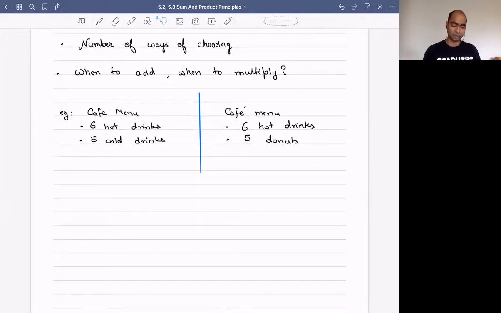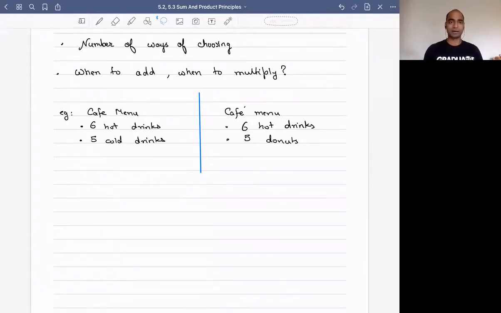Now, I'll just do examples. So when to add and when to multiply. So what's an example? Say you go to a cafe and you want to have a drink, and on the menu there are 6 hot drinks and 5 cold drinks, and you just want to get one drink because you're a normal person. So how many choices do you have?